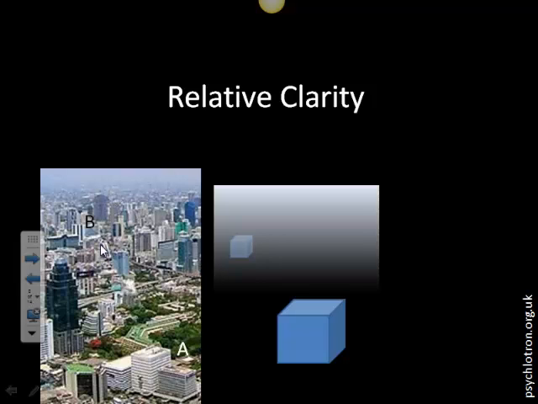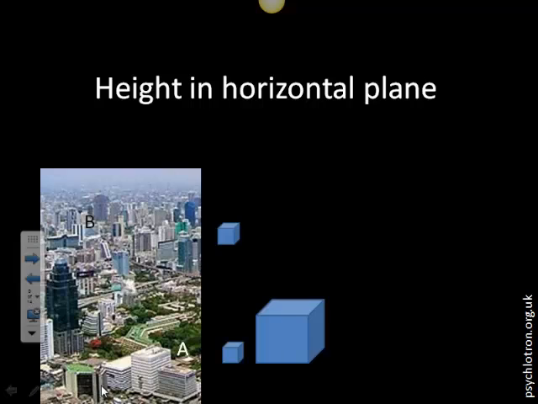Relative clarity is that distance, atmospheric position. Objects that are less clear, like objects out here, a little hazy, are perceived to be farther away than objects that are clearer to us. Again, an atmospheric monocular cue, if you will.